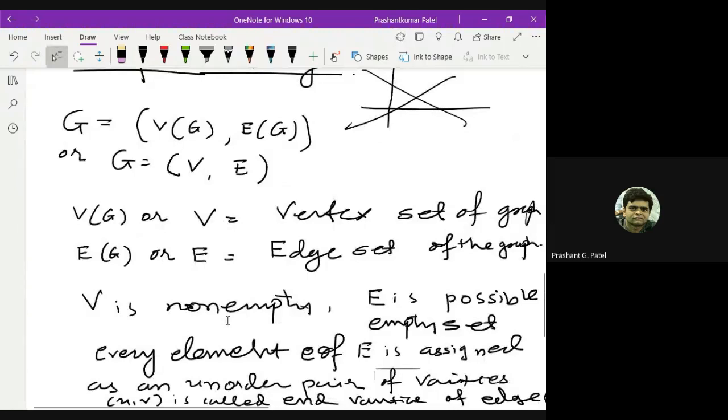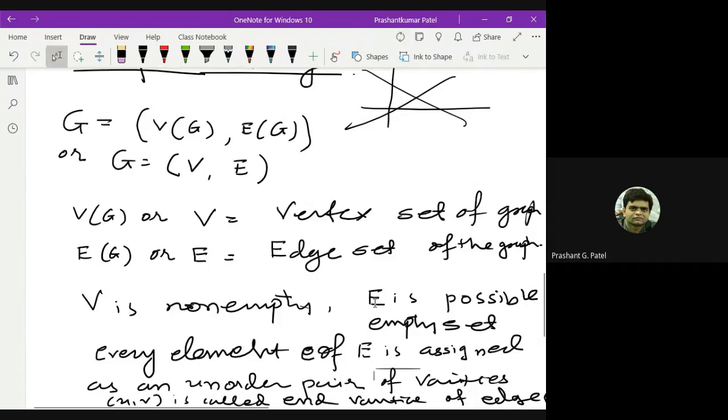I am repeating again, what do you mean by a graph? A graph is an ordered pair consisting of two sets. One is a vertex set, another one is the edge set. V is a non-empty set and E is possibly an empty set.